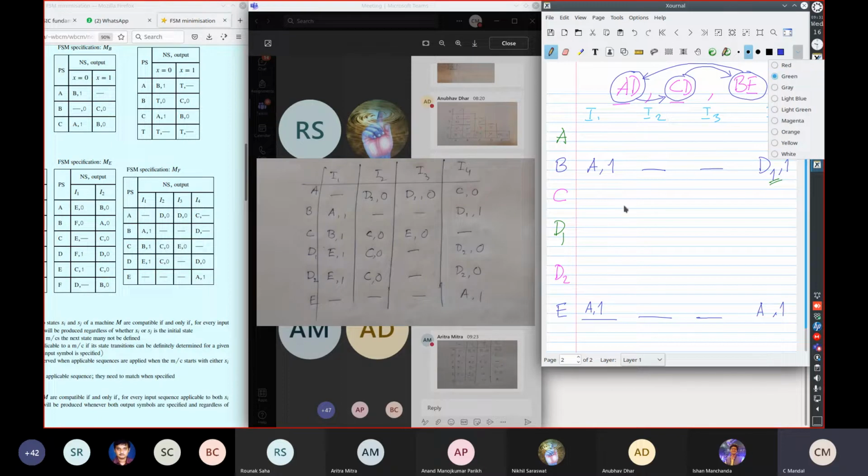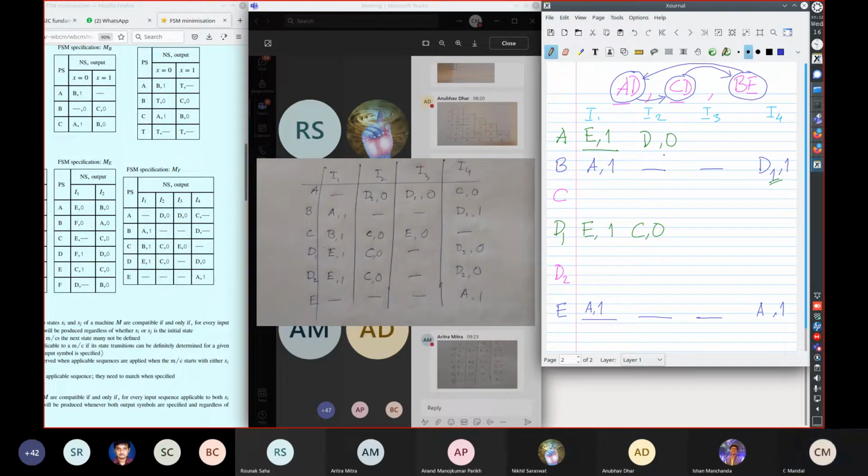So, yeah, let us see the entries for A and D1. Now D1 has a transition to E with an output of 1. Here also this is as such, but because I'm merging A and D1, I would like to make a transition to E with an output of 1, right? Now this is going to C with an output of 0, and this is going to D with an output of 0.